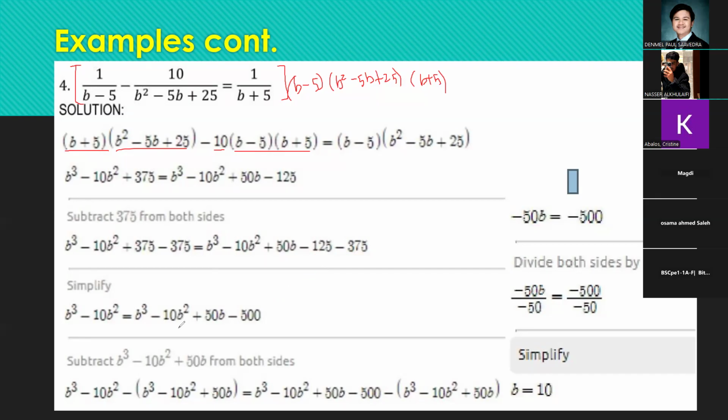Afterwards, subtract b cubed minus 10b squared plus 50b from both sides. Let's see what will happen. This one will actually cancel. We can already cancel that one. This one would also cancel.